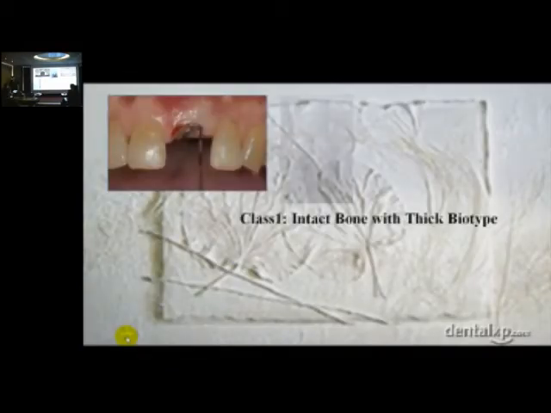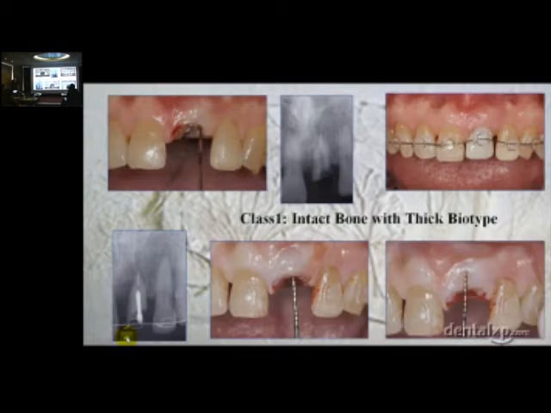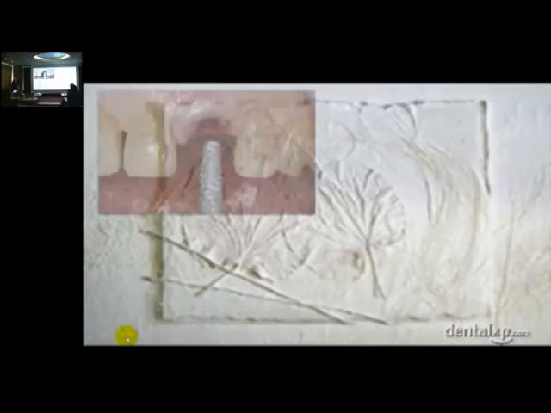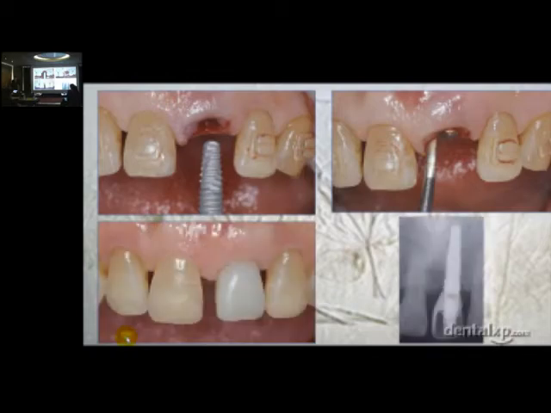This is the above-mentioned case. After extraction, intact bone was confirmed and the biotype was diagnosed as thick. The implant was placed on the palatal wall into the fresh extraction socket, and graft materials were filled in the gap between the socket and the implant diameter.